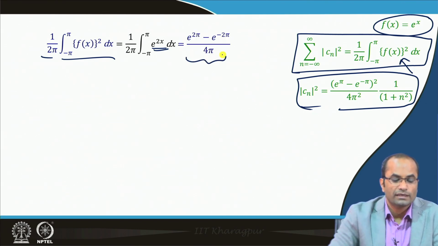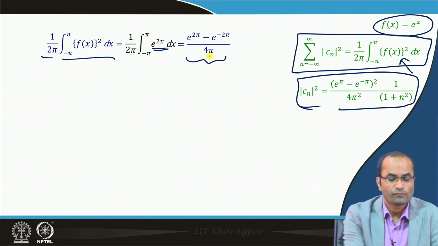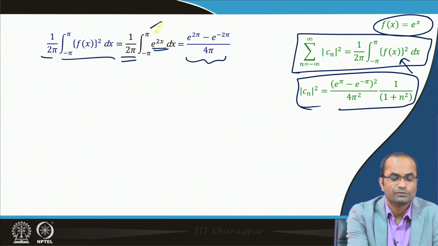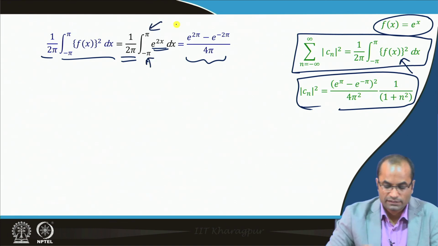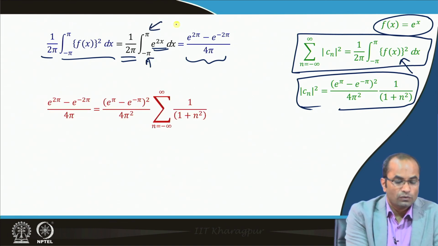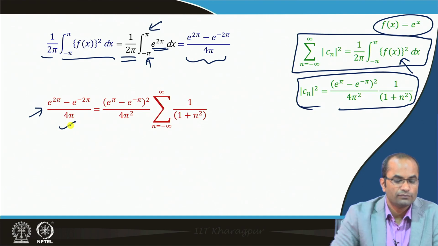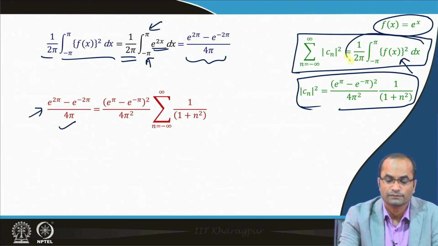Which is written here as (e^(2π) − e^(−2π)) divided by 4π, because the integral of e^(2x) is e^(2x) divided by 2, and then we have substituted plus π and minus π there. So, we have (e^(2π) − e^(−2π)) divided by 4π on the other side.